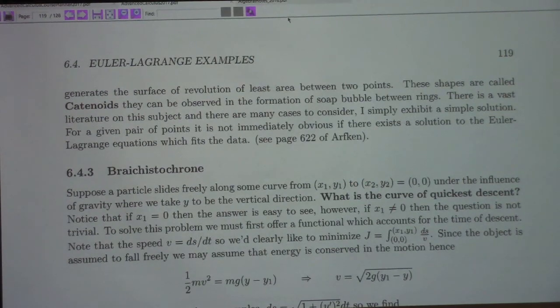So what we need to do is, first of all, energy is conserved since it's sliding freely. So we have that 1/2 mv squared is mg(y minus y1), where y is a point in the middle. V, of course, is also the speed. It's ds/dt.